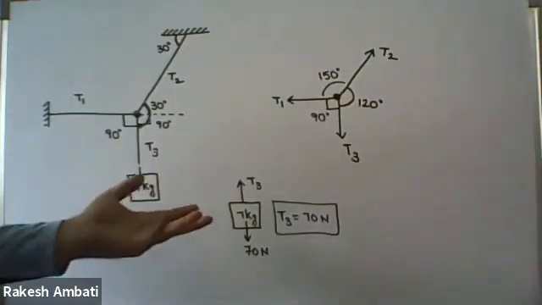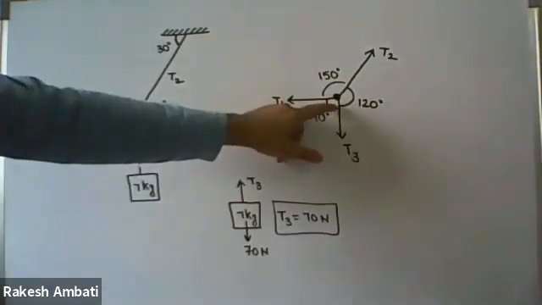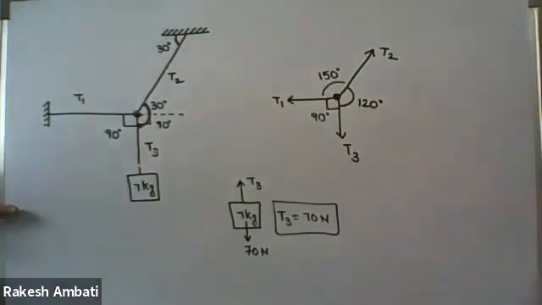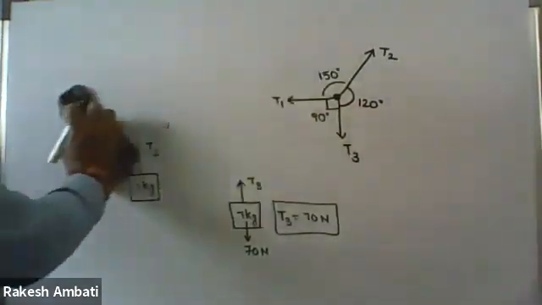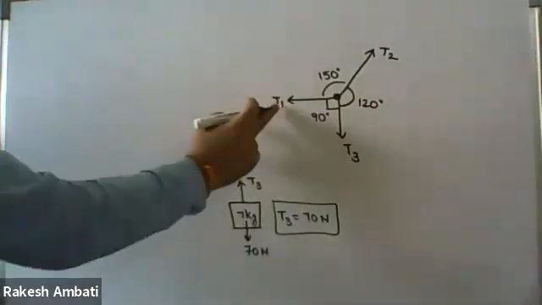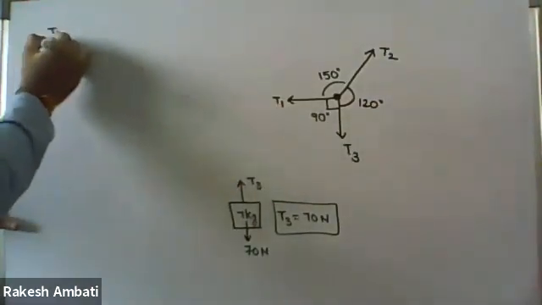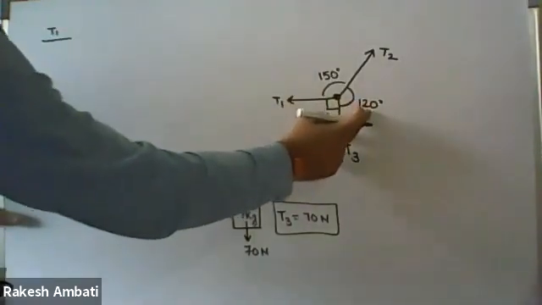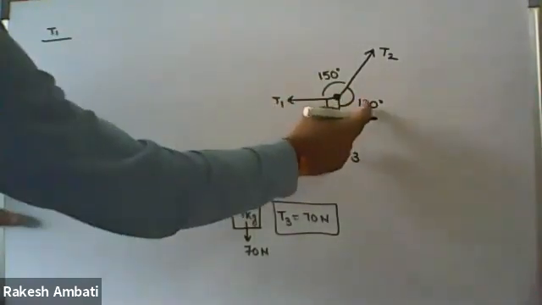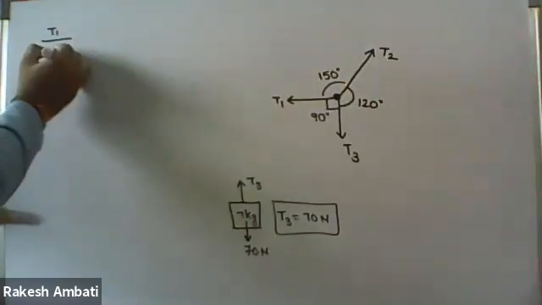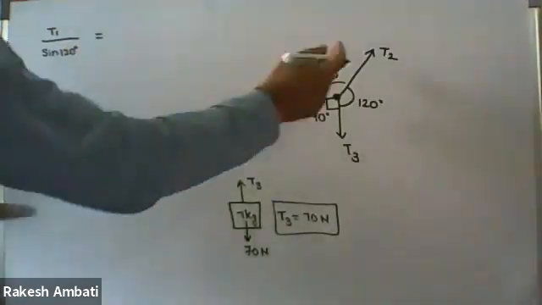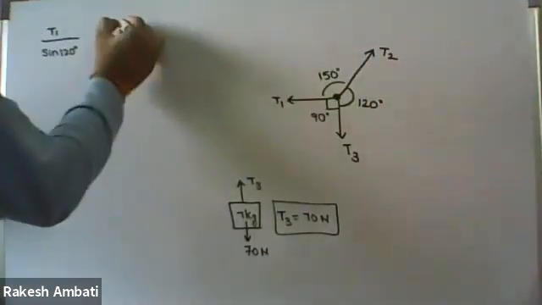Now it is a common tie point. Correct. Now let us apply Lami's theorem. First of all, I'm taking T1. For T1 tension force, what is the opposite angle? 120. So T1 upon sine 120 equals, next I'm taking T2 tension force.